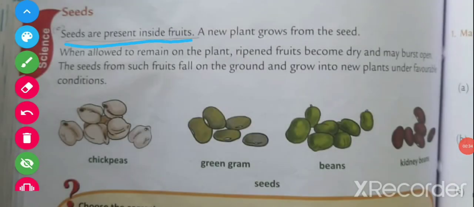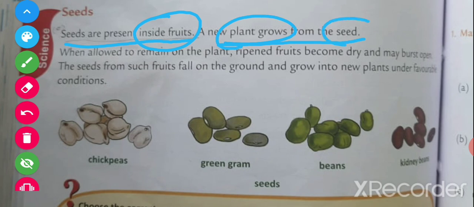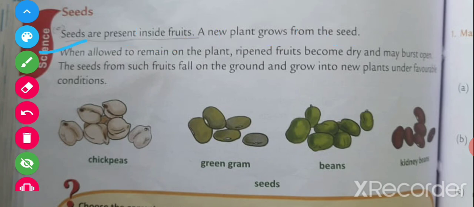Seeds are present inside fruits. A few plants grow from the seeds. When allowed to remain on the plant, ripened fruits become dry and many burst open. The seeds from such fruits fall on the ground and grow into new plants under favorable conditions.